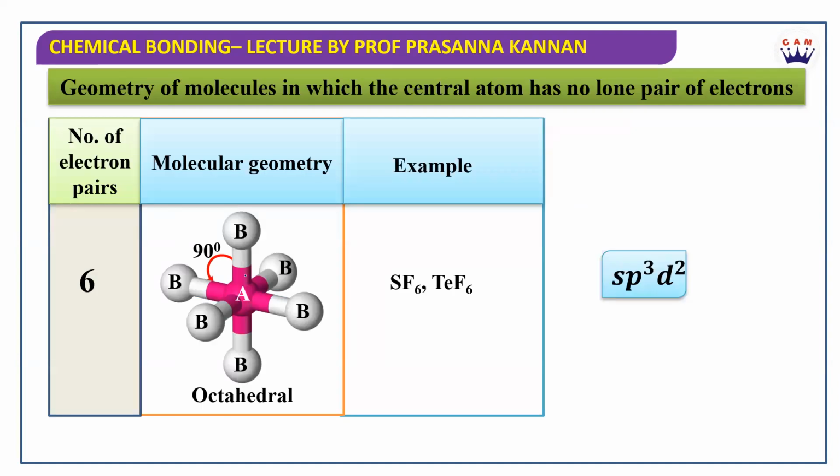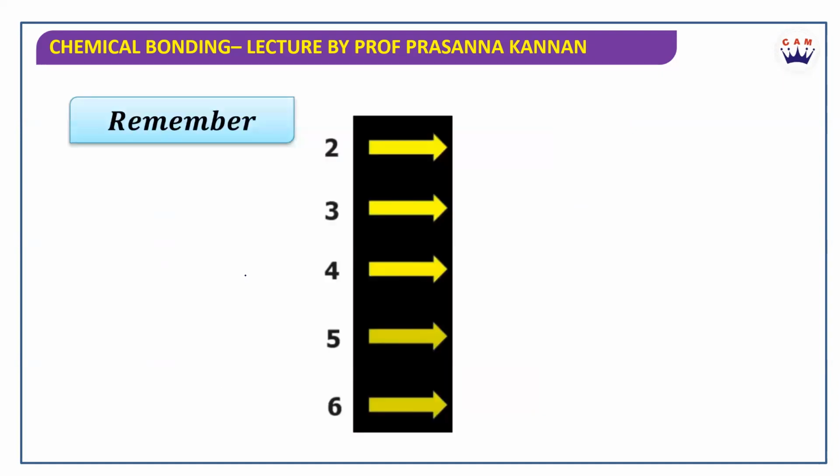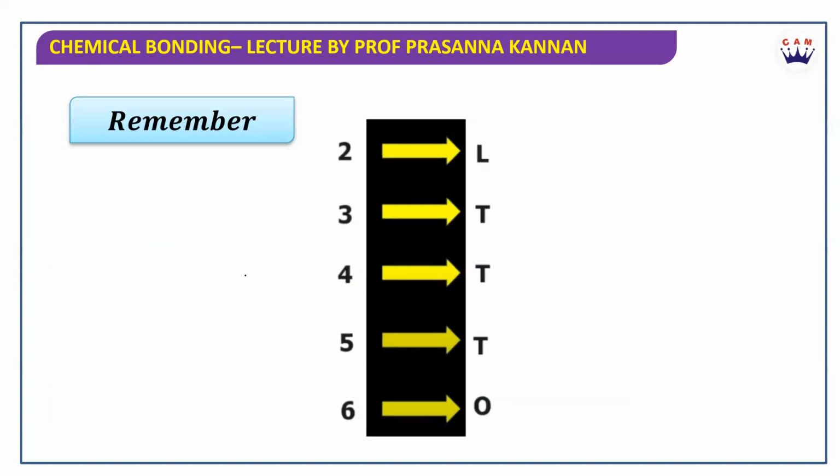Now how to remember this? If you want a technique to remember, first write 2, 3, 4, 5, 6: 2 bond pairs, 3 bond pairs, 4 bond pairs, 5 bond pairs, 6 bond pairs. The mnemonic is Laddu, whatever you can say: L, T, T, O. What is L? Linear. What is O?